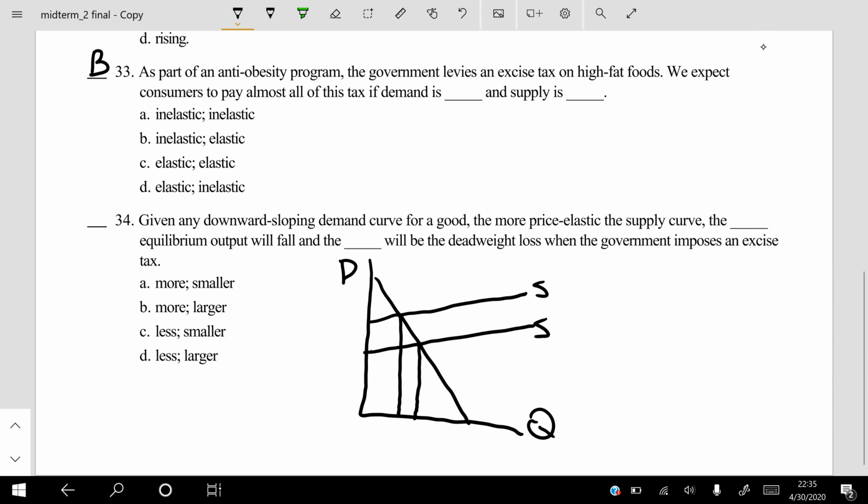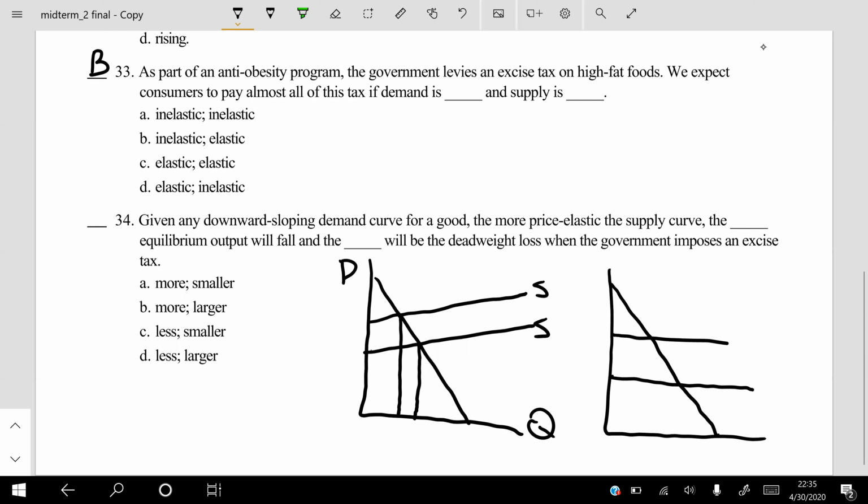Let's draw again, more elastic, keeping demand still the same. So here's a perfectly elastic supply, and so it increased. So it looks like the more elastic, the equilibrium output will fall, and the larger the deadweight loss will be. So B.